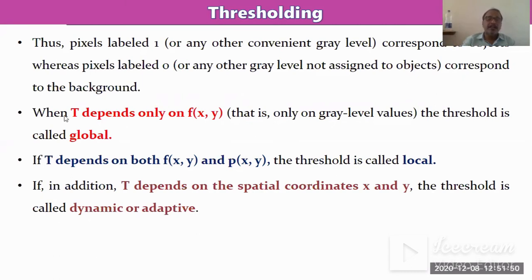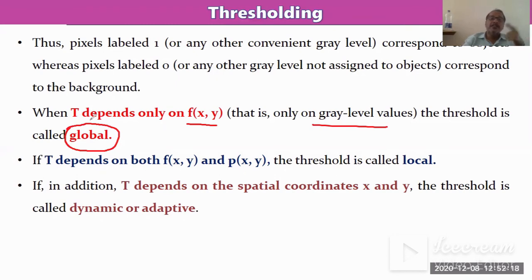When T depends only on f(x,y), this statement is very important, that means f(x,y) is nothing but the gray level value, this type of thresholding is called global thresholding. We saw earlier local processing and global processing.